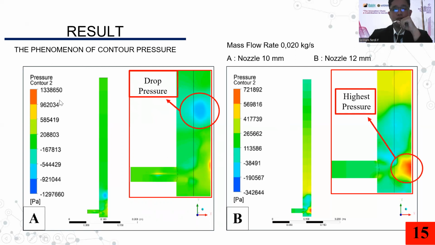For the 10 millimeter nozzle, we got a pressure contour range from minus 921 kilopascal until 1338 kilopascal. And for the 12 millimeter nozzle, we have a range from minus 190 kilopascal until 721 kilopascal.